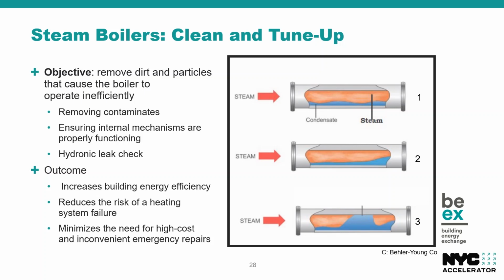When you do have a buildup of contaminants or debris within the pipe, the flow of the water can become irregular, like you can see in figure 3, and affect how heat is distributed. Sometimes this can explain why your boiler is making noise. This helps to avoid the system failing and having to pay for any emergency services while also increasing your building's efficiency.